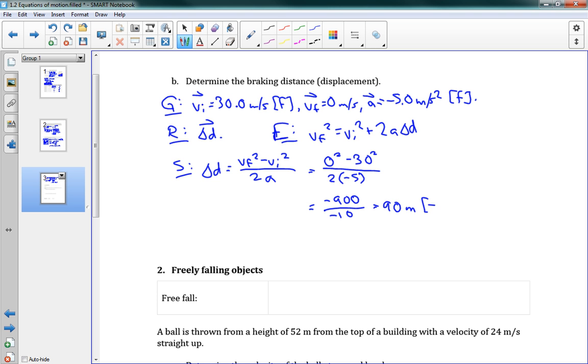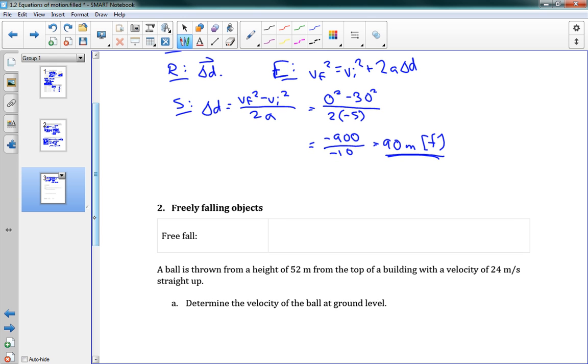And again, I need to put my direction in, forwards, and there we go. Okay, there's my final answer, and now I just put my statement. Therefore, the braking distance is 90 meters forwards.